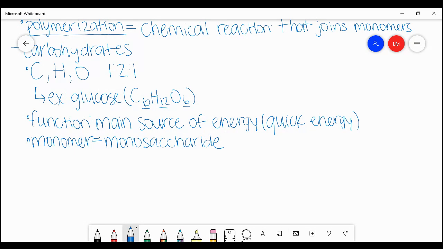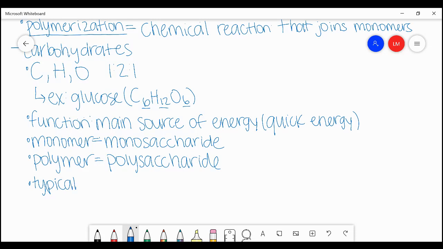You might not be surprised to know then that the polymer, or long chain of monomers, is called a polysaccharide. Another thing that we know about carbohydrates is that they typically end in the letters OSE, like glucose or lactose or fructose.